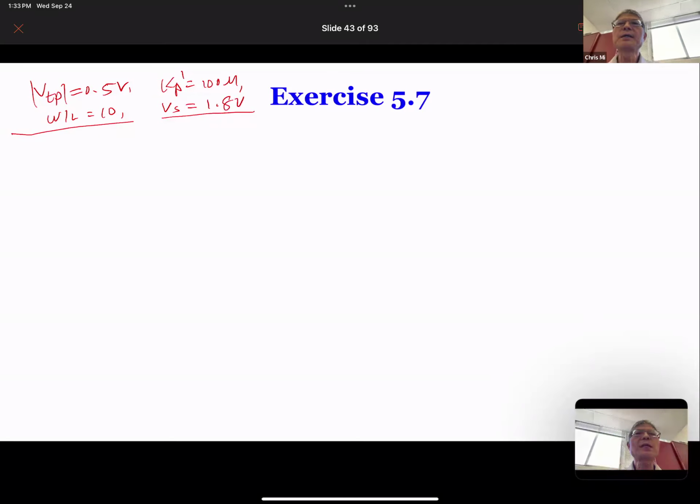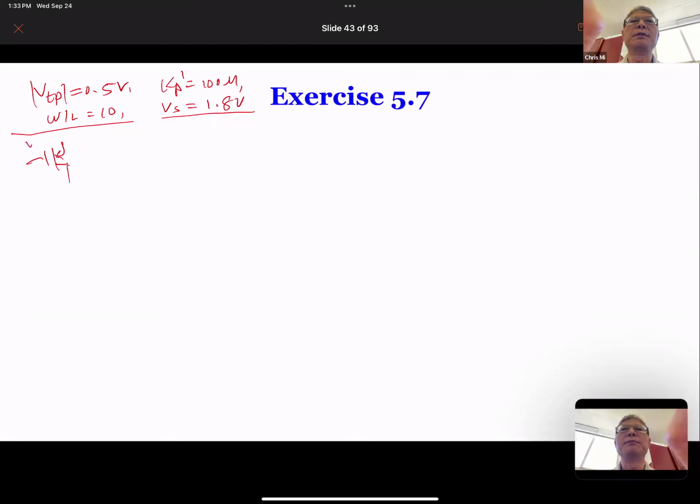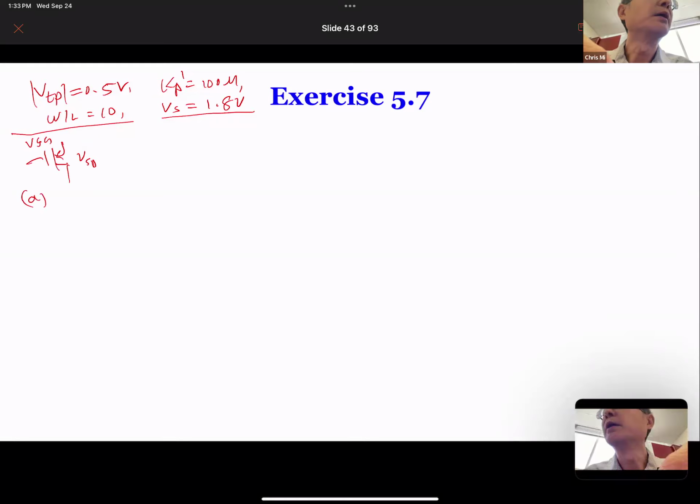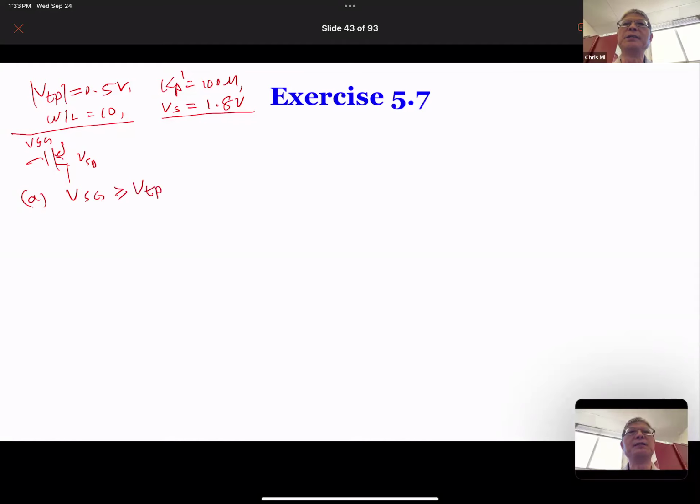Now, for it to be off, remember we need to look at VSG and VSD. So we're going to start with A. In other words, for this PMOS to be on, VSG has to be larger than VTP, absolute value.